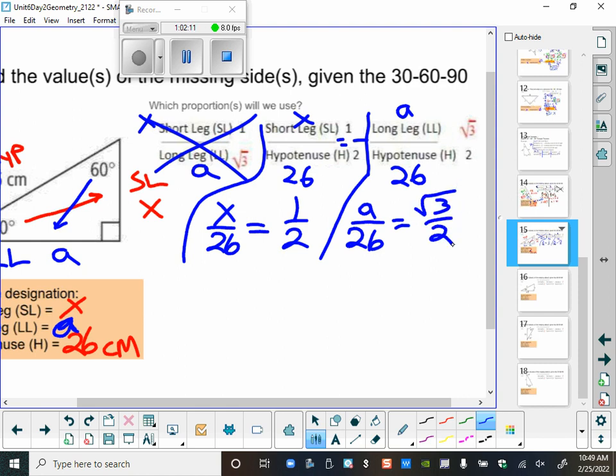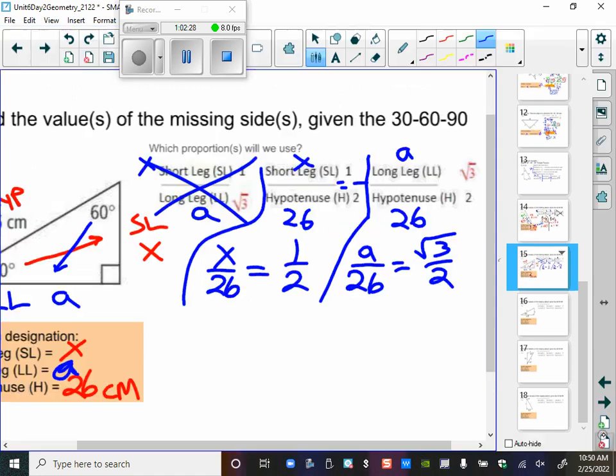Now, in both cases, can we solve for a variable? Yeah. That one's going to be real easy. Do your diagonals. Basically, what's 1 times 26? 26.